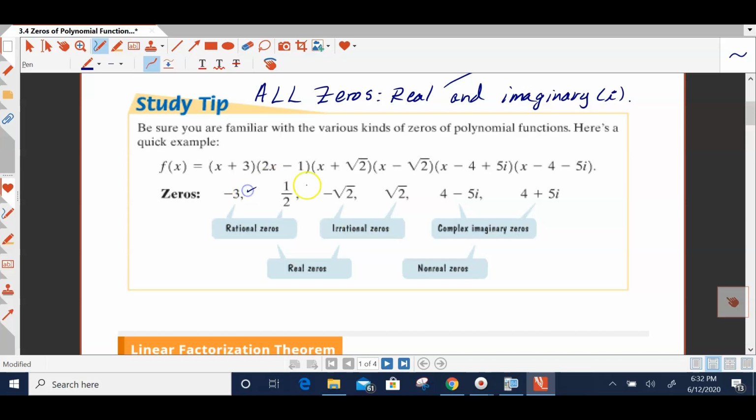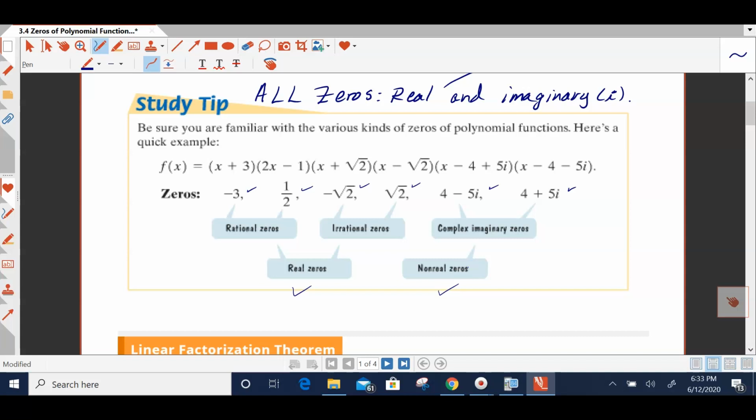So we've seen these types of zeros in our previous work. Now we'll come across some complex imaginary zeros, and they may involve the imaginary unit i. With the addition of these imaginary zeros, we will have covered all possible bases for zeros of a polynomial function. So the real zeros are our x-intercepts, and the non-real zeros are those imaginary ones.